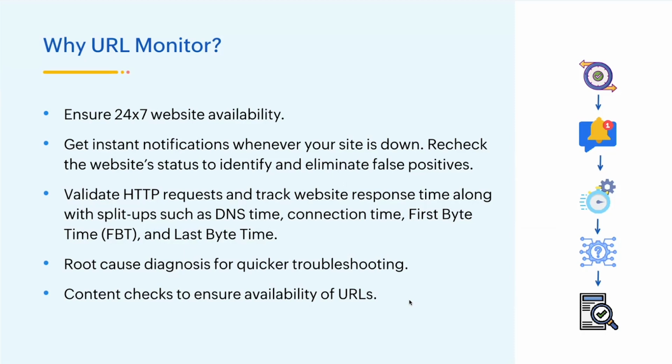It helps verify the availability of specified, addressable, standard HTTP and HTTPS URLs. It will also help you get instant notifications whenever your site is down. You'll also be able to validate HTTP requests and track website response time along with splitters such as DNS time, connection time, first byte time, and last byte time.